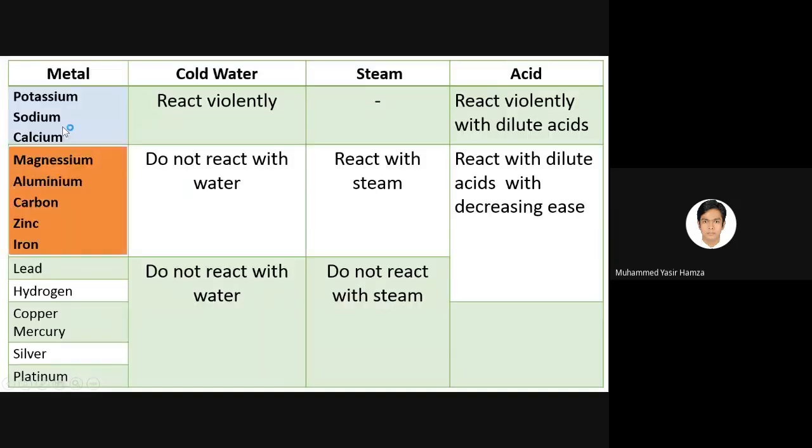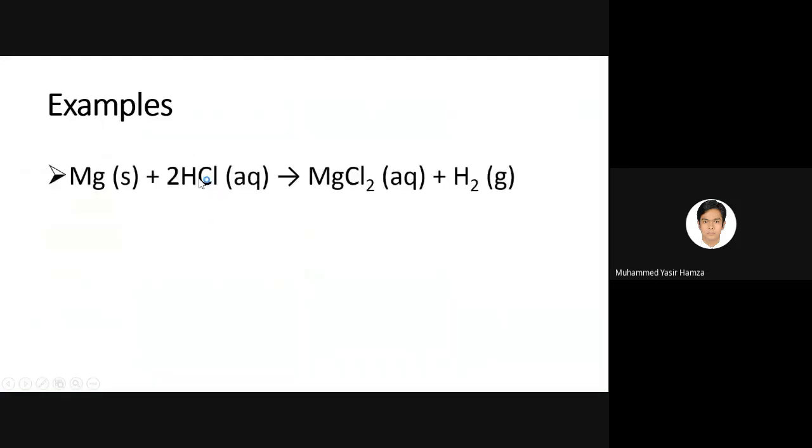Because, as you can see in the reactivity series, magnesium is placed above hydrogen. That's why it is more active than hydrogen, and magnesium can easily replace hydrogen from the acids. This way, magnesium easily replaces hydrogen and forms magnesium chloride and hydrogen gas.